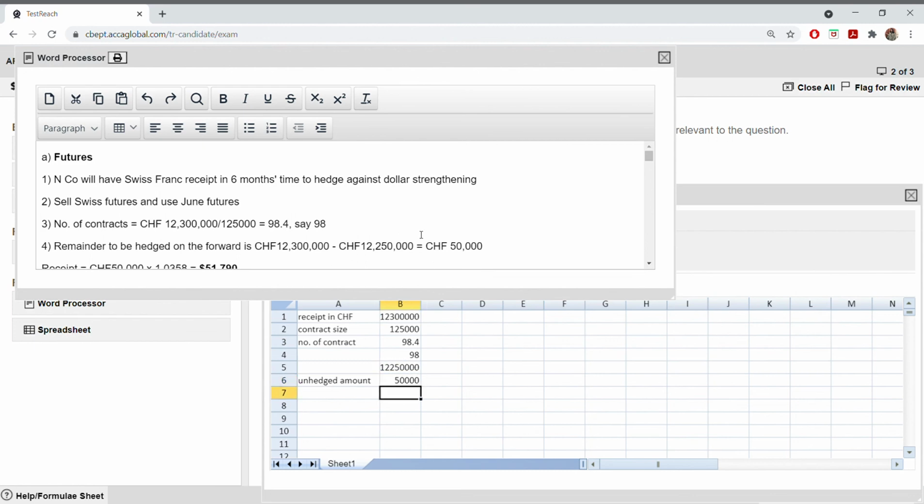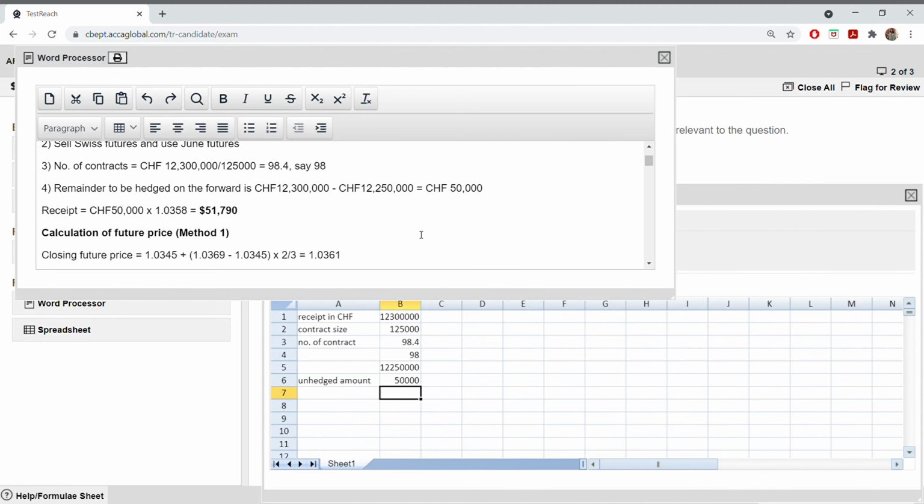Okay, 50,000. Now what is the receipt? You can even write the currency somewhere. Okay, 1.0358. So dollar receipt, equal to this multiply by this, close the bracket, you get it.